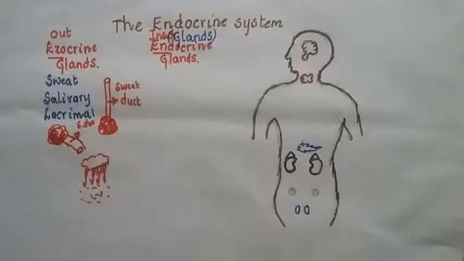In fact, in the entire alimentary canal, we find the exocrine glands such as the gastric gland, intestinal gland, even our liver. Okay, children?